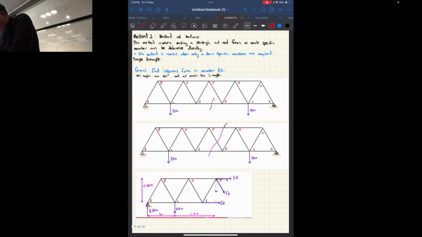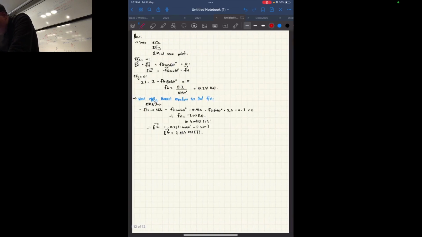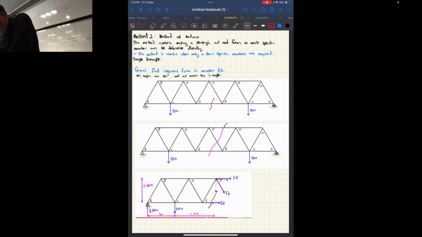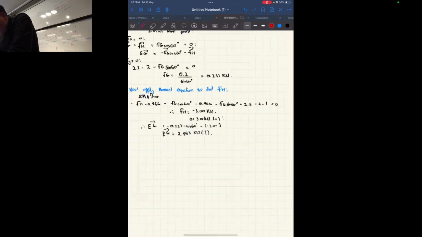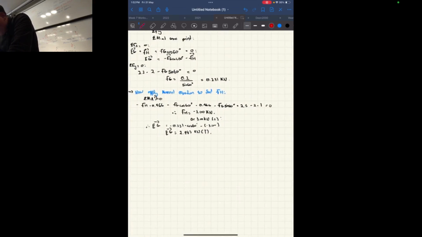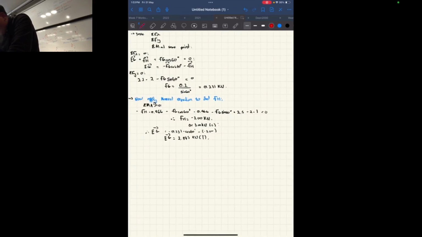That's the distance from there to there, the perpendicular distance. So we figured out that FH equals negative 3 kilonewtons, or 3 kilonewtons compression.